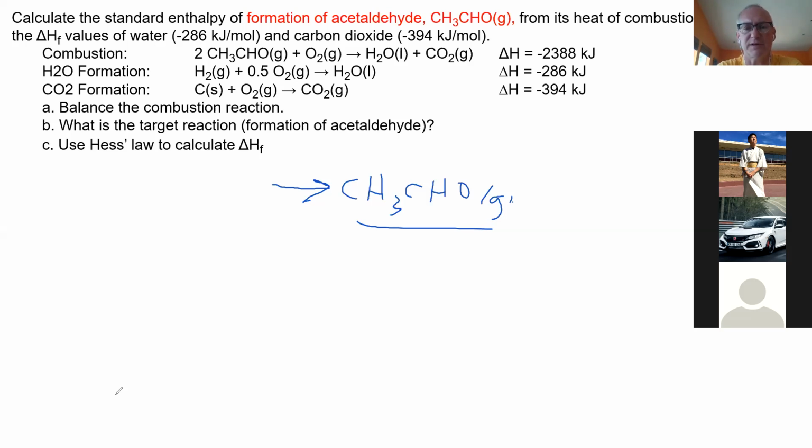So we know it's got carbon, it's got hydrogen, it's got oxygen. So where's the carbon, hydrogen, and oxygen going to come from for a standard enthalpy of formation reaction? Where do all the reactants come from?